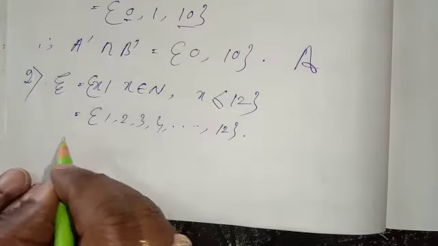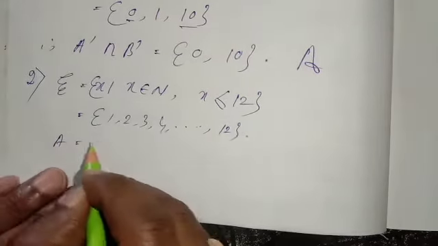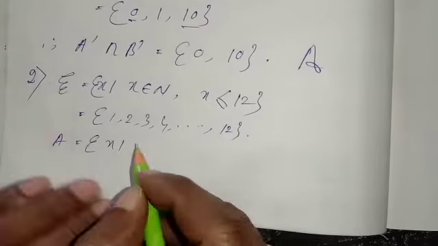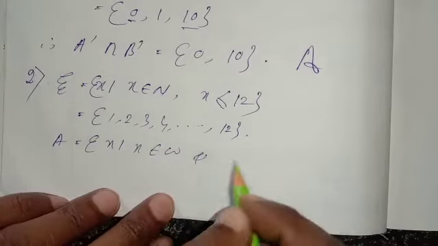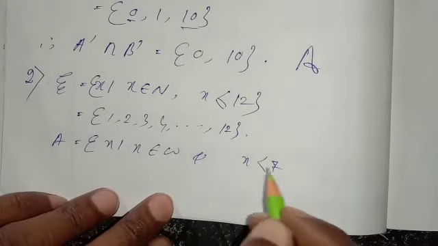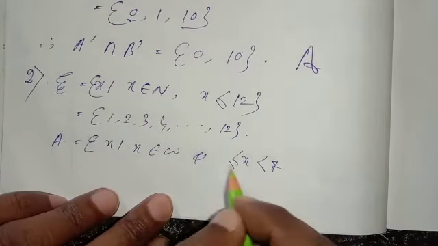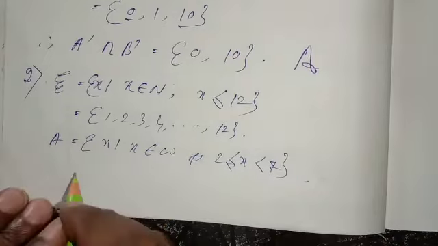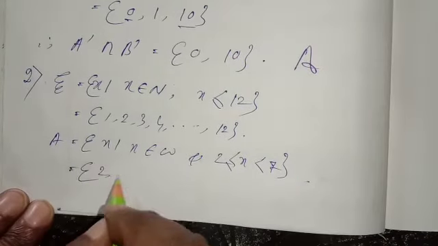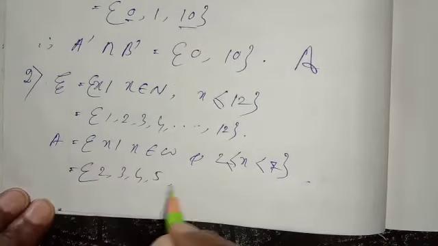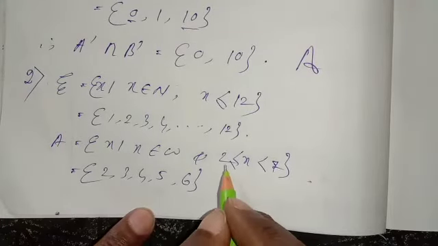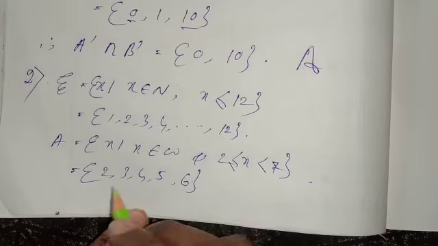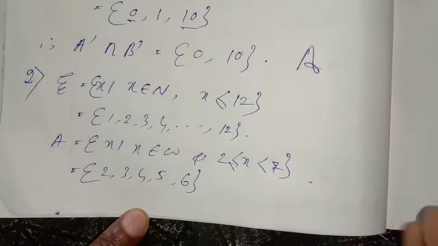Next, A set given x such that x belongs to whole number and x greater than equal to 2 and less than 7. That means this will be 2, 3, 4, 5 up to 6 because less than 7 is given. That means 2, 3, 4, 5, 6. A complete. Next B set. What is B set? Just you see.